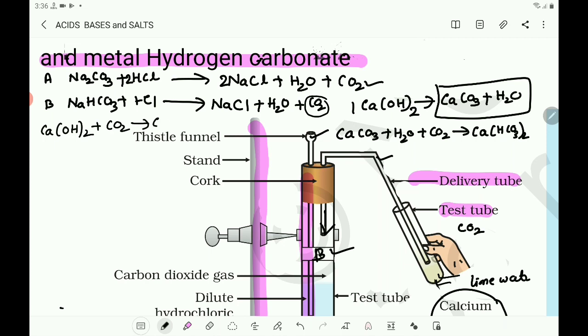Then what are you going to get here? CaCO3 plus H2O, that is a white precipitate of calcium carbonate. Again with an excess amount of carbon dioxide, CaCO3 plus H2O plus excess CO2, you will get Ca(HCO3)2, that is soluble calcium bicarbonate. Here in both cases, with metal carbonate and also metal hydrogen carbonate, you will get the same result.